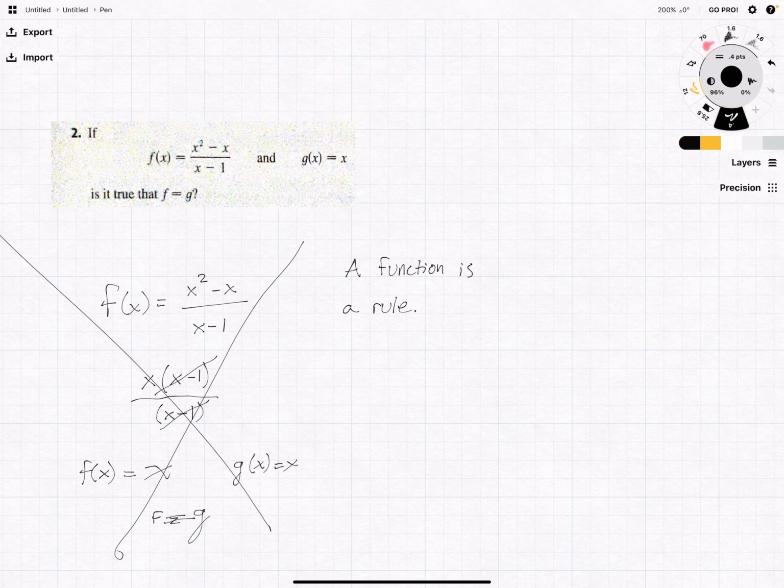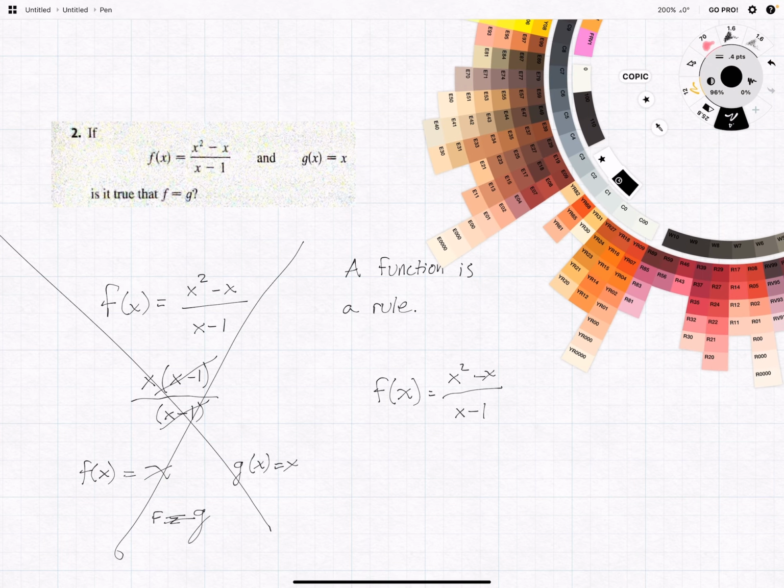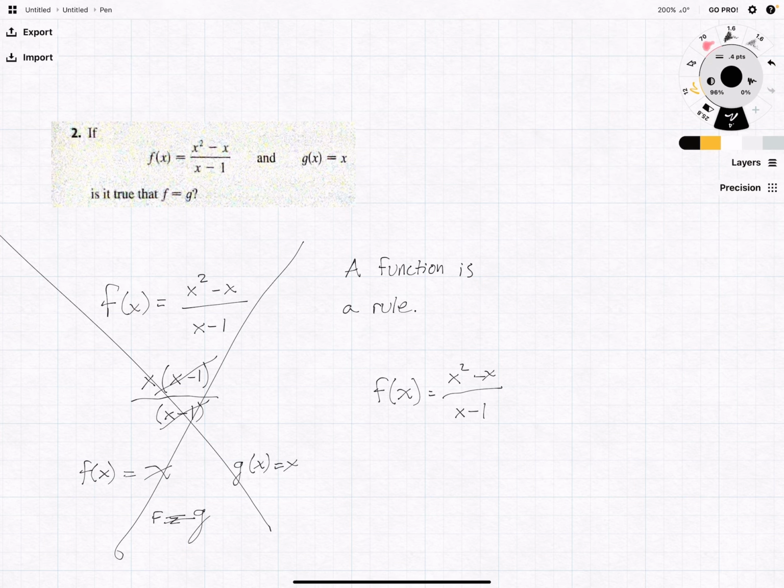And what I mean by that is, let's find something a little bit more concrete. So f of x equals x squared minus x all over x minus 1. Well, what would happen if we found something to make the denominator 0?